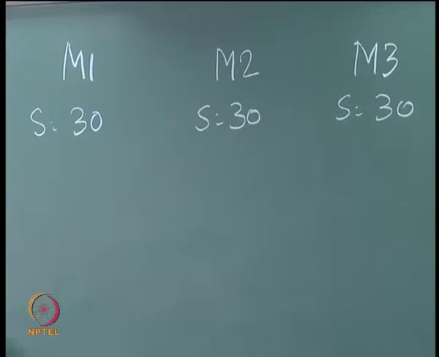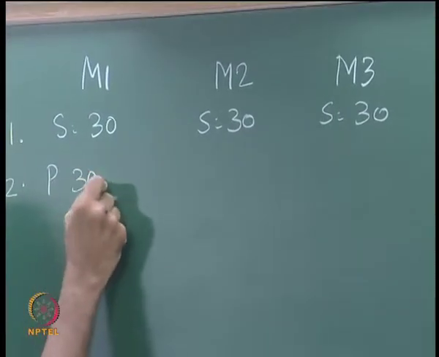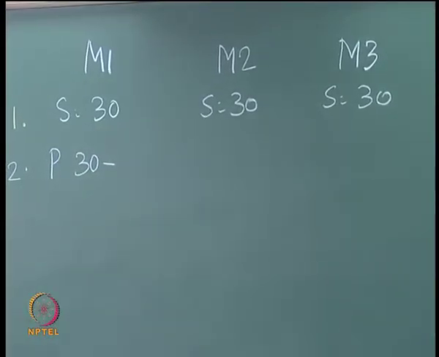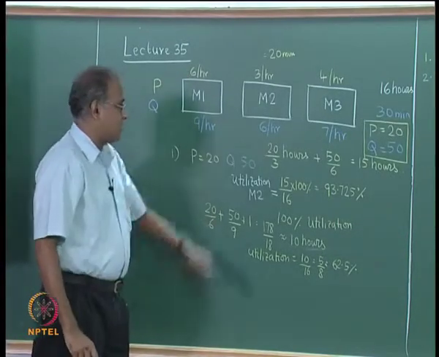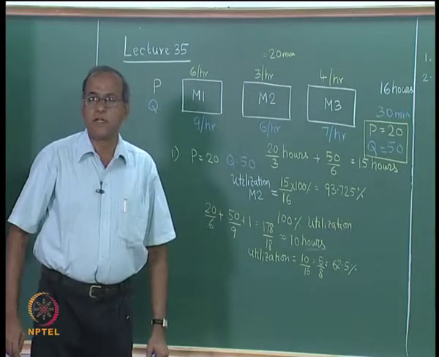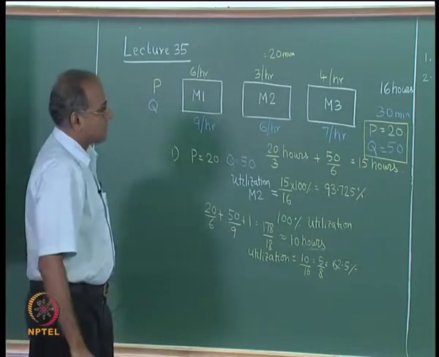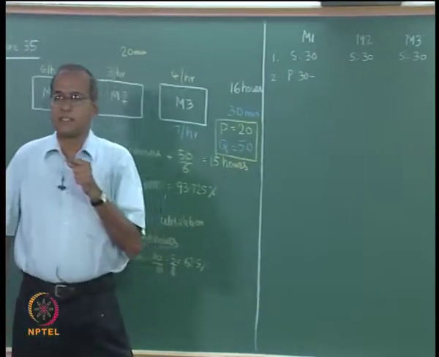Now, we will have a production batch. So, production of P will start from 30 minutes. This is going to take 20 by 3 hours, which is 6 hours and 40 minutes.